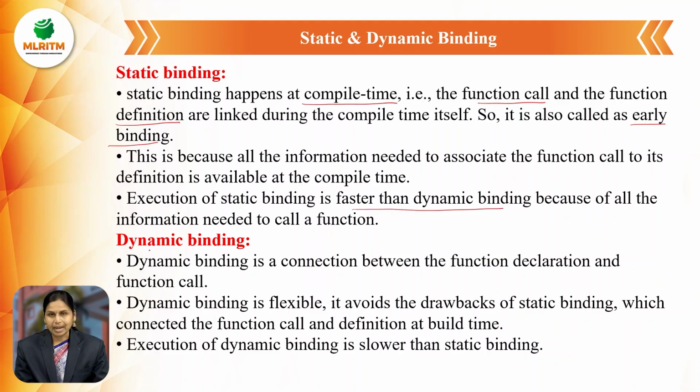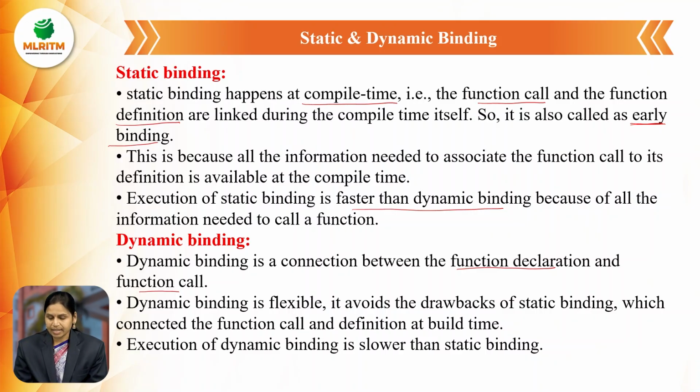Now let us see dynamic binding. It is also called runtime polymorphism. Dynamic binding is a connection between the function declaration and the function call. Here in dynamic binding, the function call is linked to the function declaration, but in static binding, the function call is linked to the function definition.